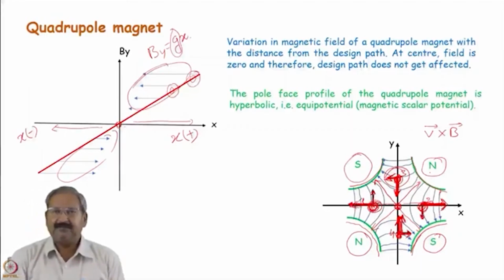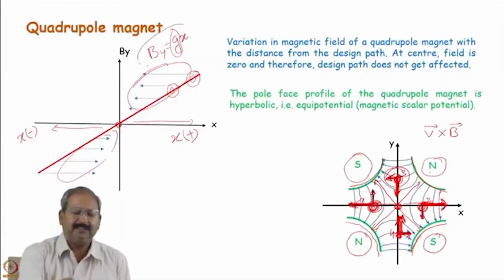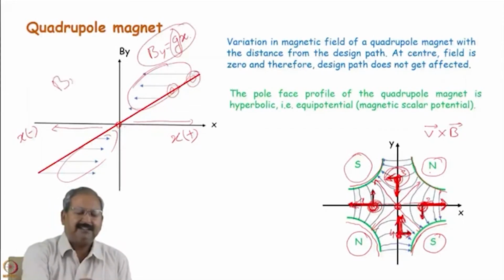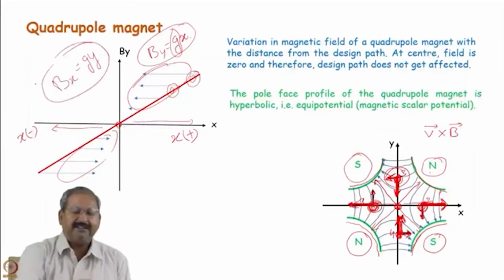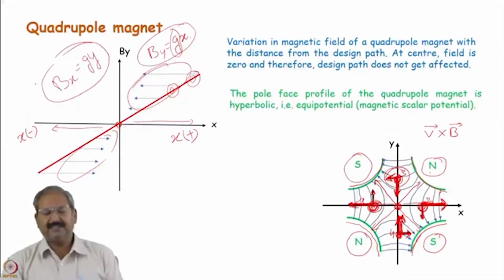But we have to live with it. Actually, Maxwell's equations compel us to have By = Gx and Bx = Gy. And due to this, we have focusing either in the horizontal plane or in the vertical plane. In the other plane, there will always be defocusing.